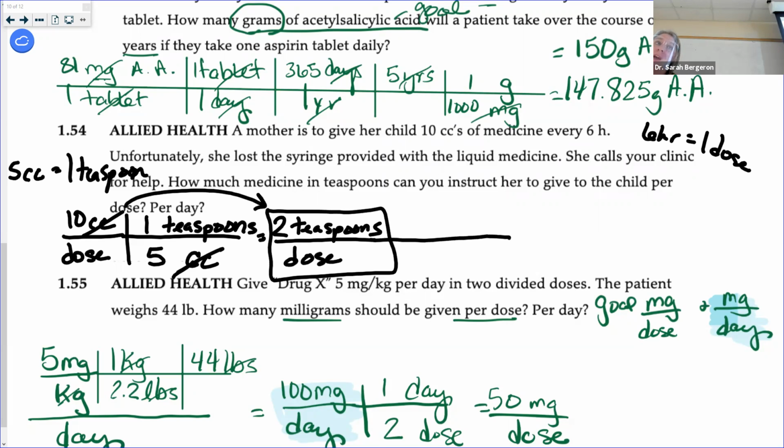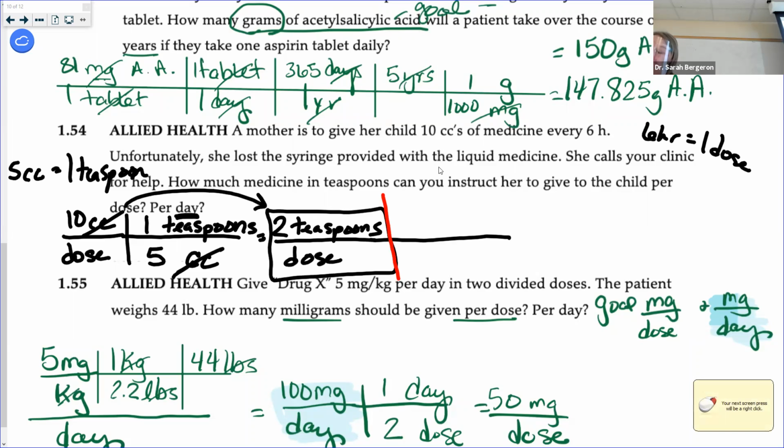So how much per day does this child need? Teaspoons is okay because that's the way mom's going to measure it. Now we want to change dose into day. So if I want to get rid of dose, I'm going to put my fence post up.